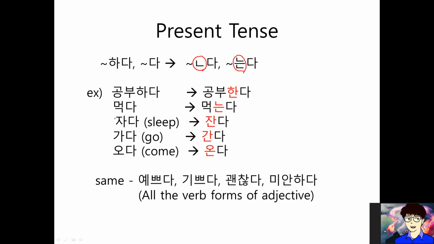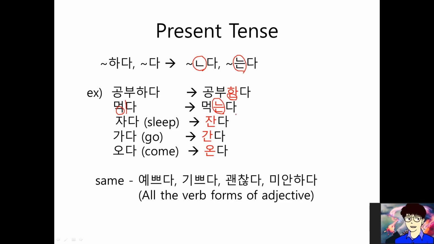For example, 공부하다, so blah blah 하다. In that case, you should put ㄴ, so 공부한다. Then present tense. And 먹다, blah blah 다, and there is a 받침, right? In that case, you should put 는, so 먹는다. The sound of ㄱ has to be changed like ㅇ, okay?